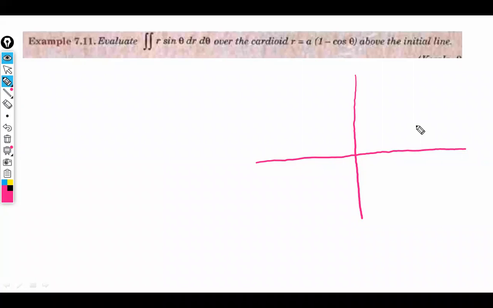It will be on the left side, sir. Second and third quadrant, the left side of the y-axis. Yes, it is a left-hand cardioid, but it is present in all four quadrants. Yes, sir, it is present, but the major part is on the left side.